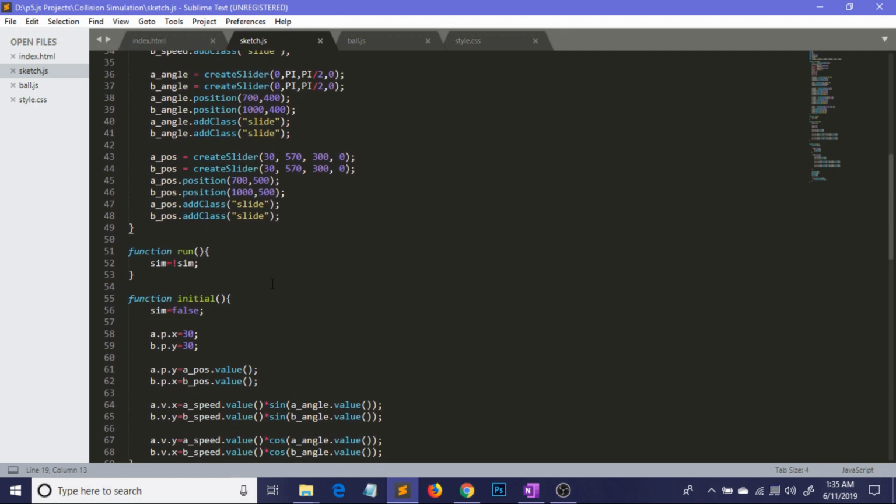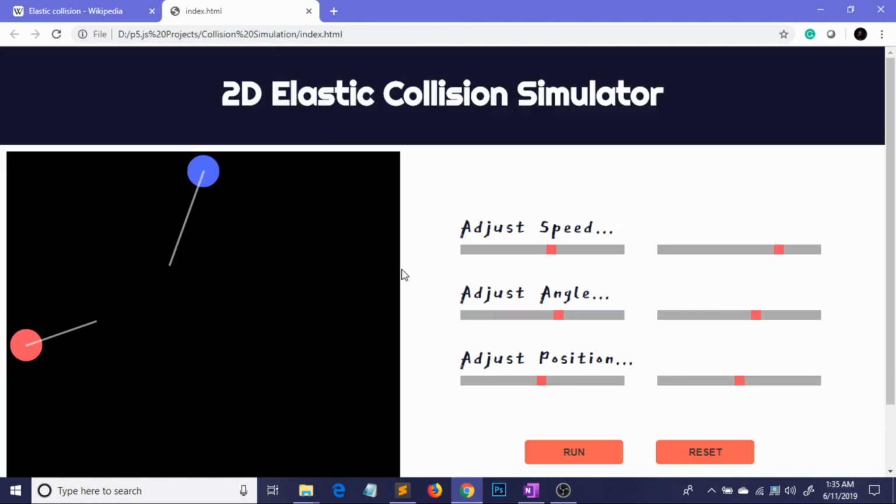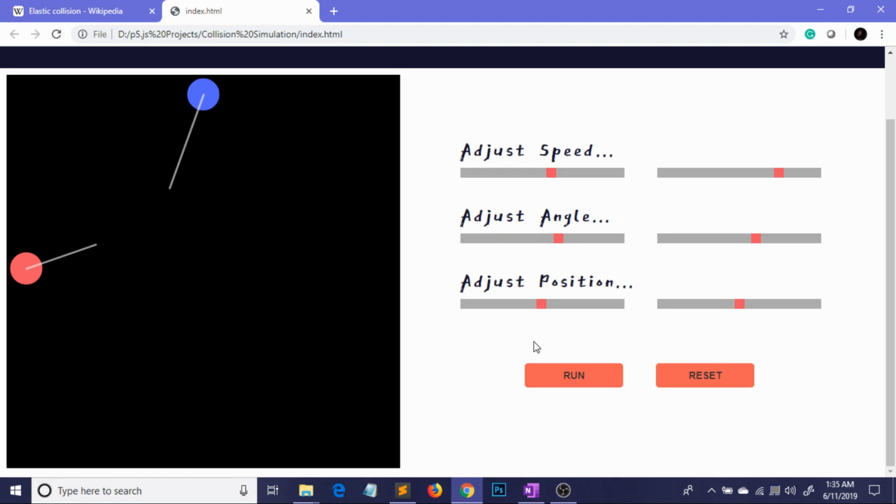And the interesting thing here is that I have used a variable named sim. Well, sim is a short form of simulation, I have assumed that. So if you look into our final web app, then you can see that we have basically two states. One state is the running state, and the other state is the steady state where nothing is moving, where you can actually change the position of these things, you can alter these things, but while running we can't do that.